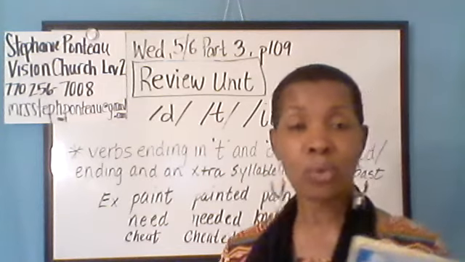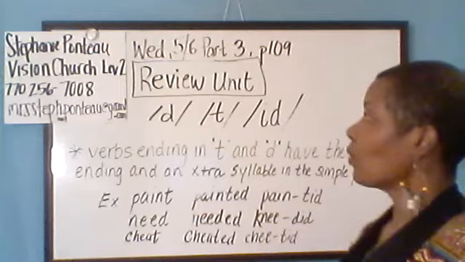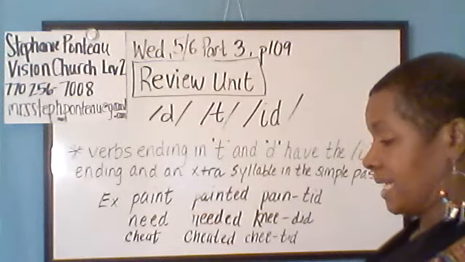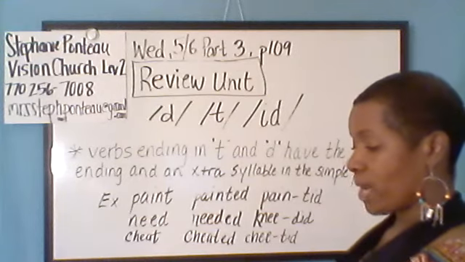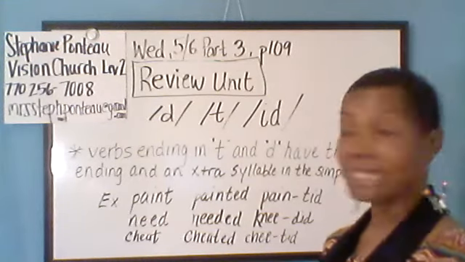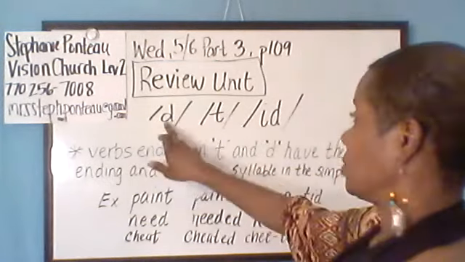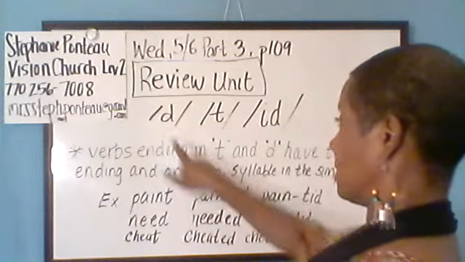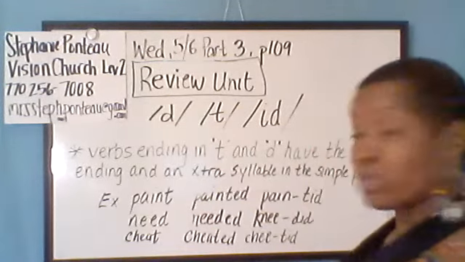Okay, so what we're going to talk about in this lesson is the 3 sounds for the regular simple past verbs that end in D with that D sound. So this is duh, t, and id.